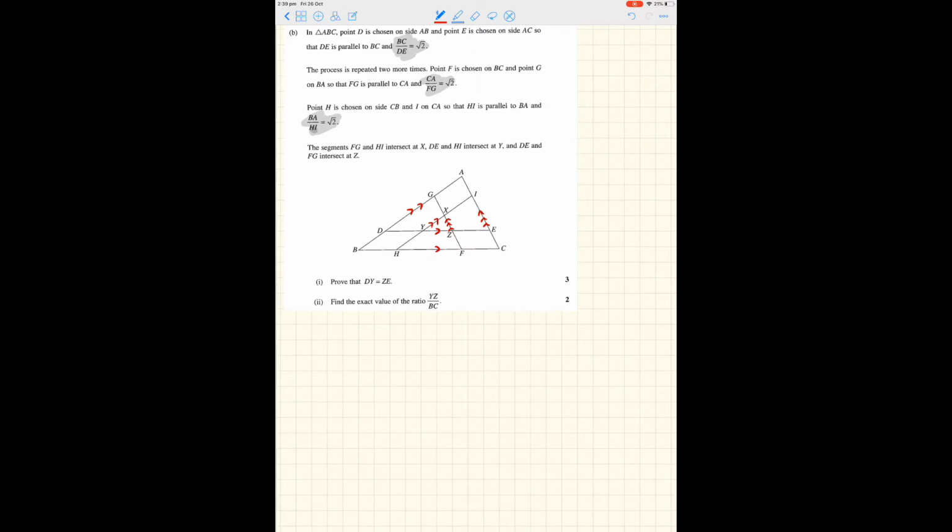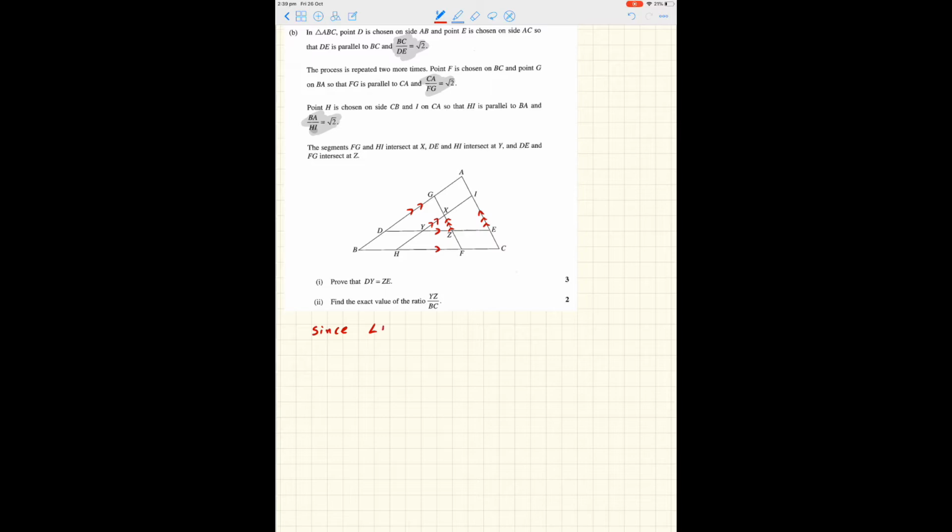So the first part is saying, can we somehow prove that DY is equal to ZE? That's the first section that I'm going to look at. I'm going to start off by listing a few very obvious things.